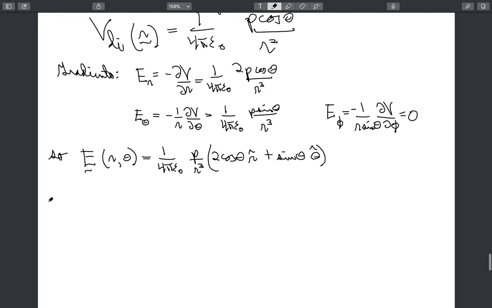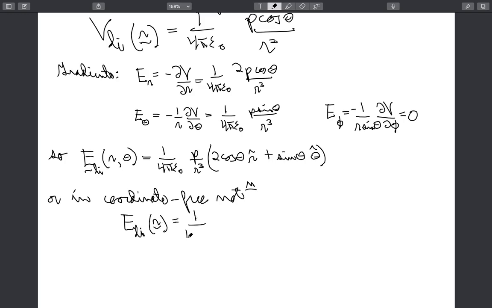Okay, and as an exercise, you can show that in a coordinate-free notation, you would get that E from the dipole at r is equal to 1 over 4 pi epsilon 0, 1 over r cubed, with now 3 times the dipole moment in the direction of r hat, times r hat, minus the dipole moment, like this.